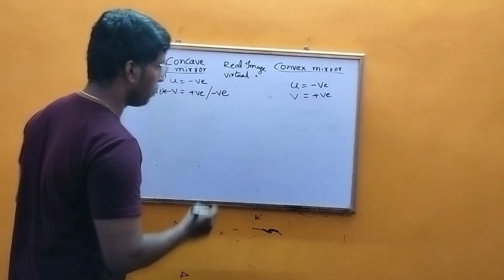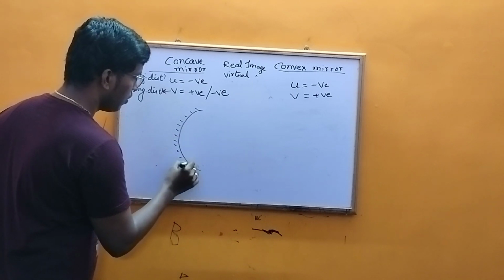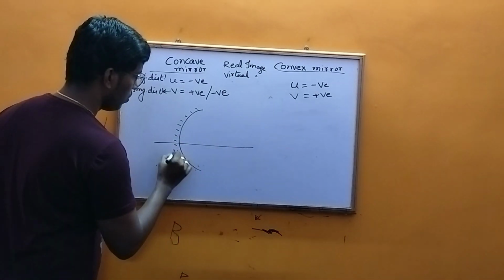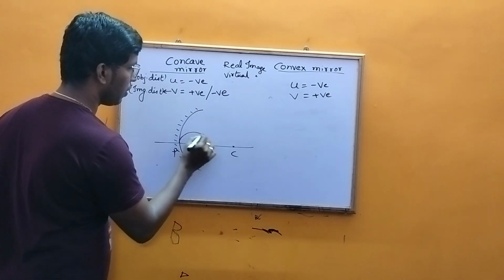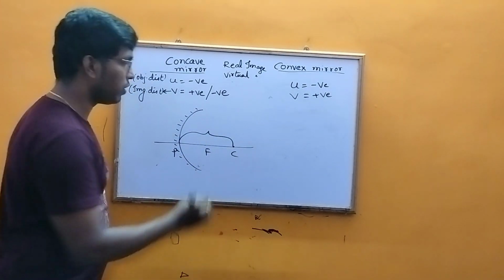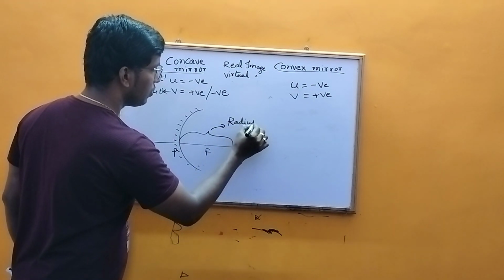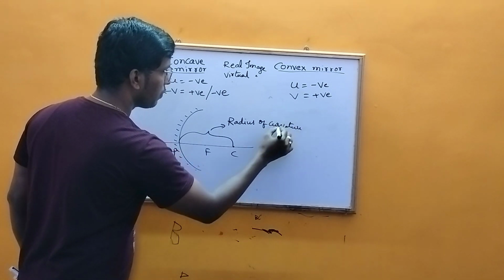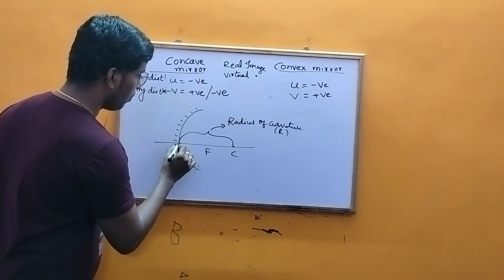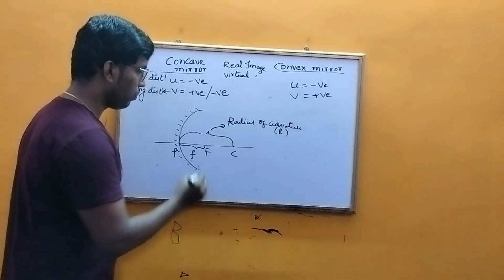Similarly here also, and you already know the terms: pole, focus point, center of curvature. The distance from pole to center of curvature is known as the radius of curvature R, and the distance from pole to focus point is known as the focal length, small f.